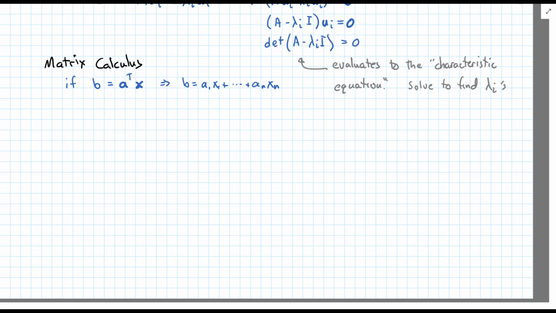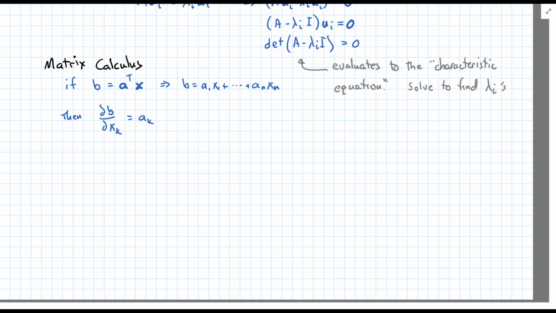Then we can find the partial derivative of B with respect to any X element, and it will be just the corresponding A element. Okay, that's straightforward. Let's make it a little more complex.